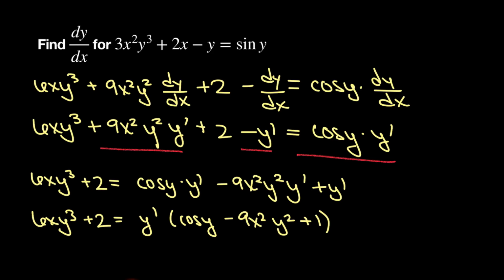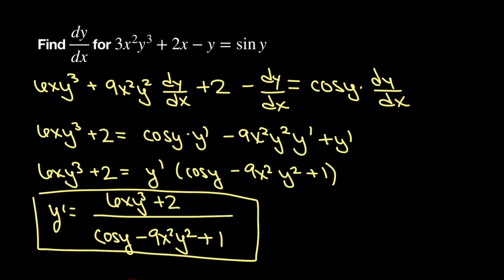Finally, to solve this equation, I'm trying to solve for y prime. On the right-hand side, every term has a y prime in it, so I'm going to factor that y prime out. And if I factor the y prime out, I'm left with cosine y minus 9x squared y squared, and then plus 1.